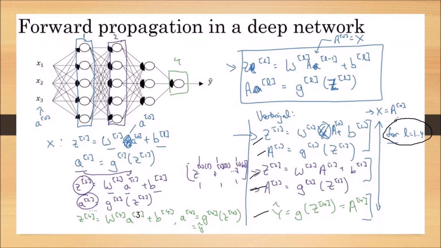Here there is no way around it. We have to represent it with a single 2-line code with a for loop, and that code will be executed 4 times. First it calculates Z1 A1, next Z2 A2, next Z3 A3, next Z4 A4.